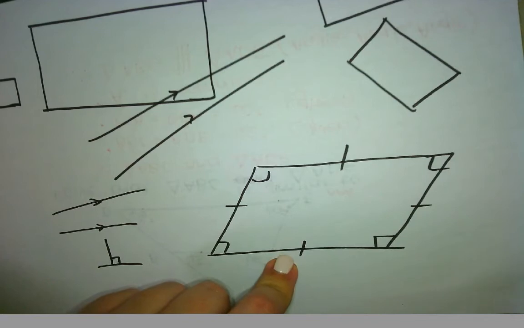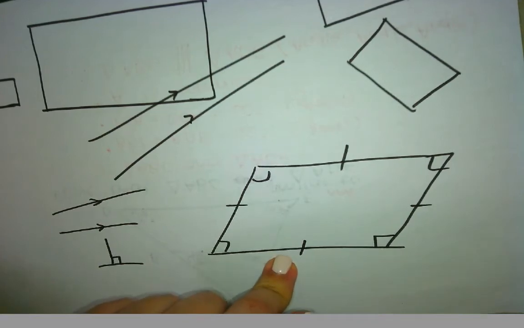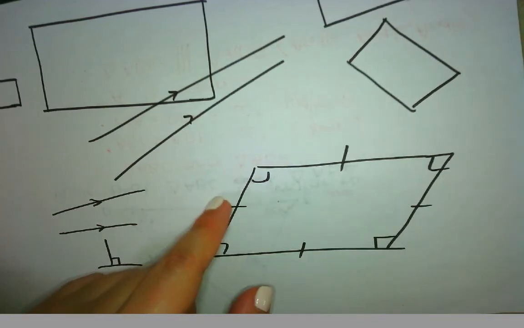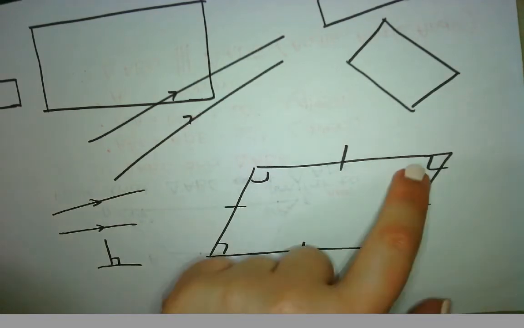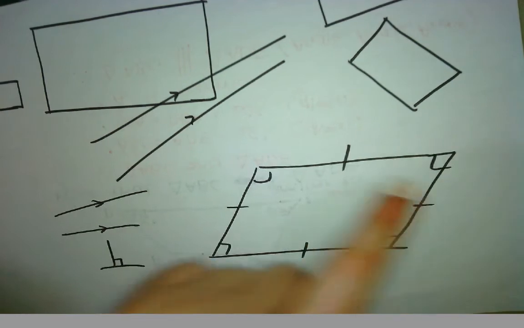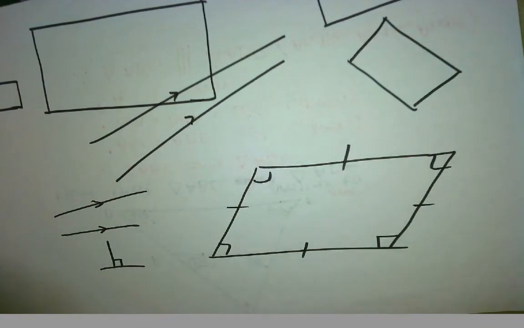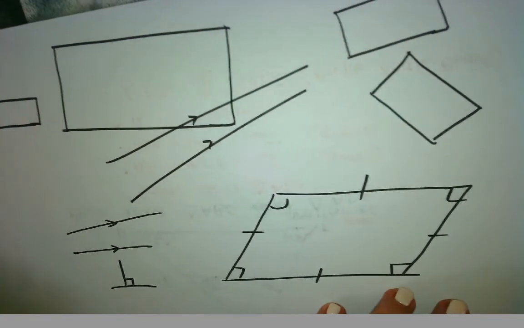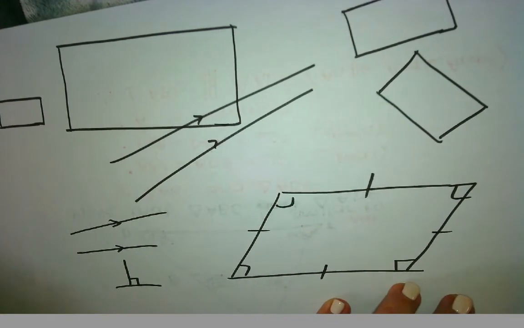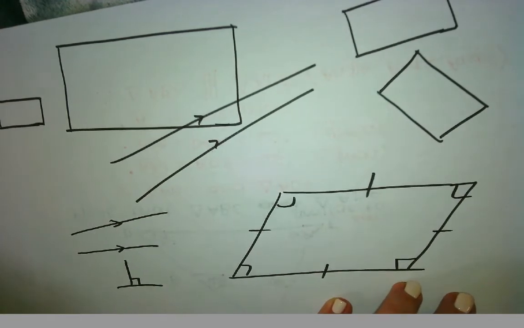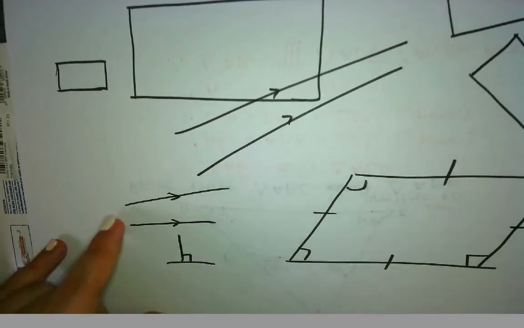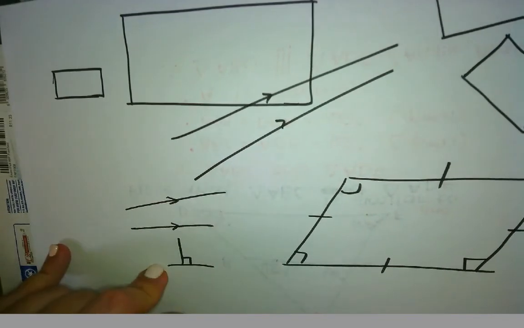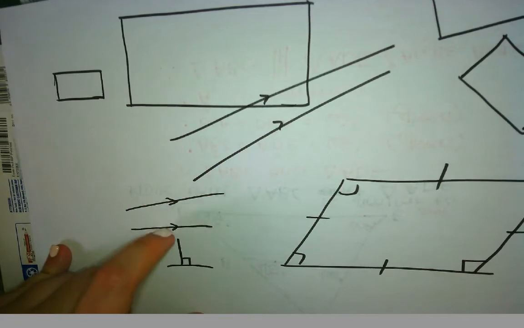But sometimes it looks like a rhombus, but it's not, because that is a 90 degree angle, so then it's actually a square. Something you need to keep in mind is that they will give you something that looks completely different to what they're actually asking you. Sometimes they'll give you parallel lines that look very skew, and then they'll put arrows on them, and you need to tell them that they are parallel to each other.